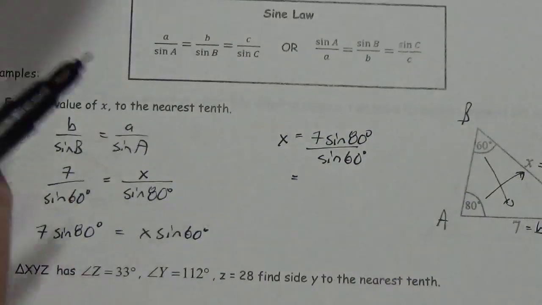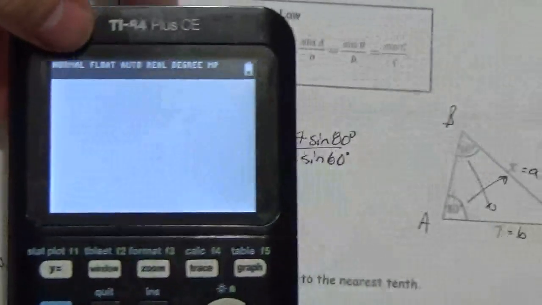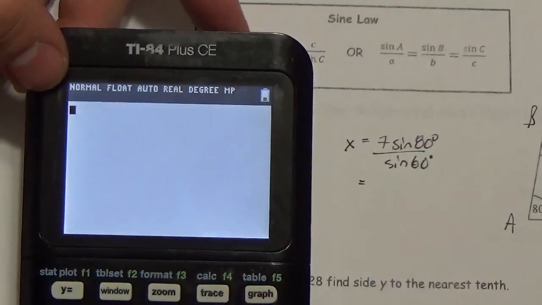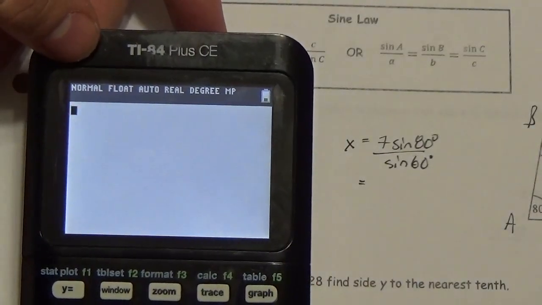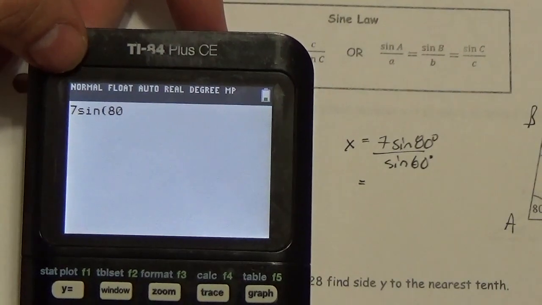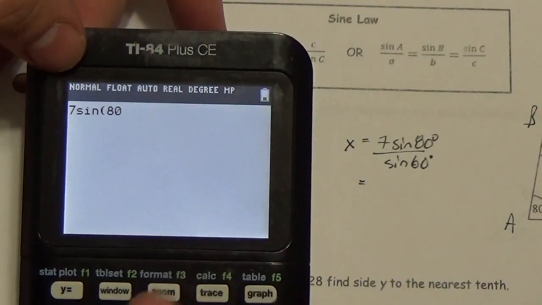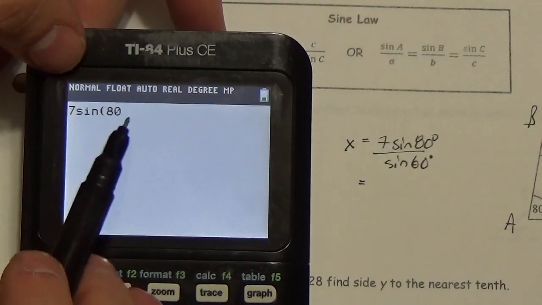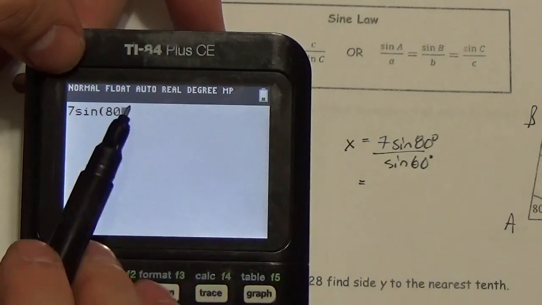And now I just go to my calculator. But I do want to point something out here. When you enter this into the calculator, it's very easy to do this incorrectly. So 7 sine of 80. Now, it's right here where you could run into a problem. The calculator doesn't close the brackets here.